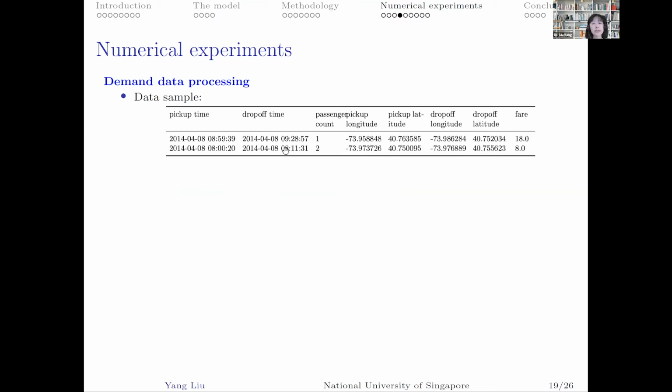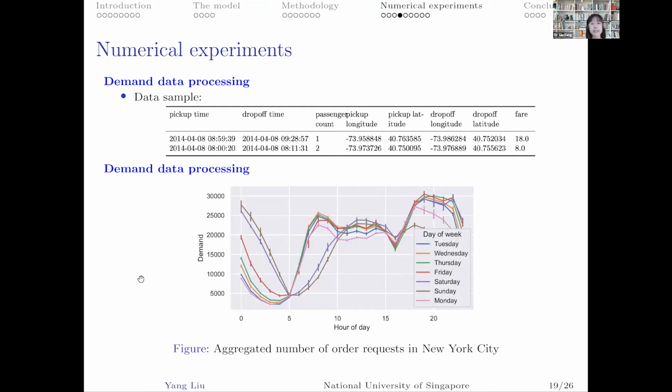So this is the data sample from the trip data, where we are given the pickup time and drop-off time of each trip and the number of passengers in the taxi, and then the pickup longitude and latitude, drop-off longitude and latitude, and the fare of the trip. As we can see, there is a distinct pattern for each day of the week.